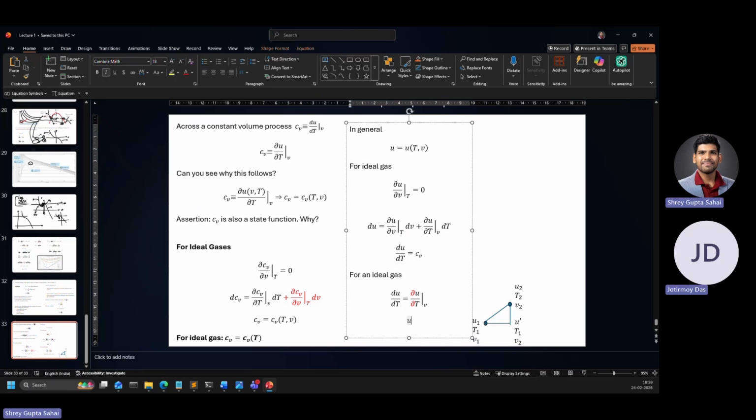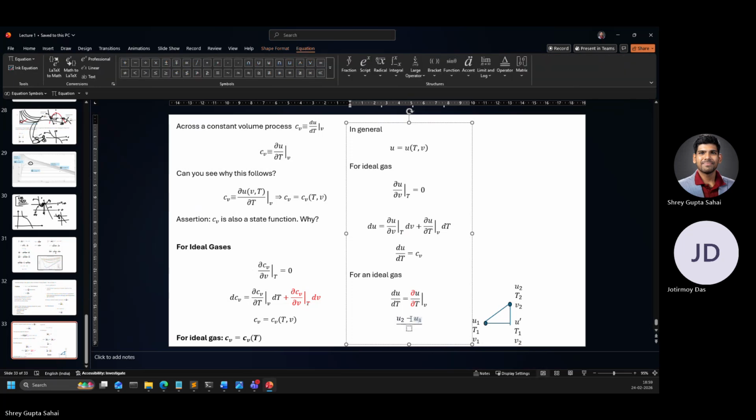For this one, it will be U2 minus U1. This will be U2 minus U dash, U1.